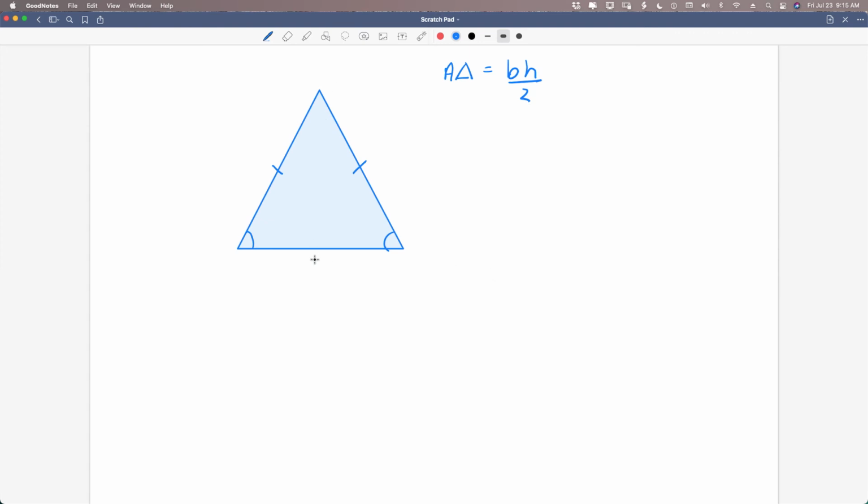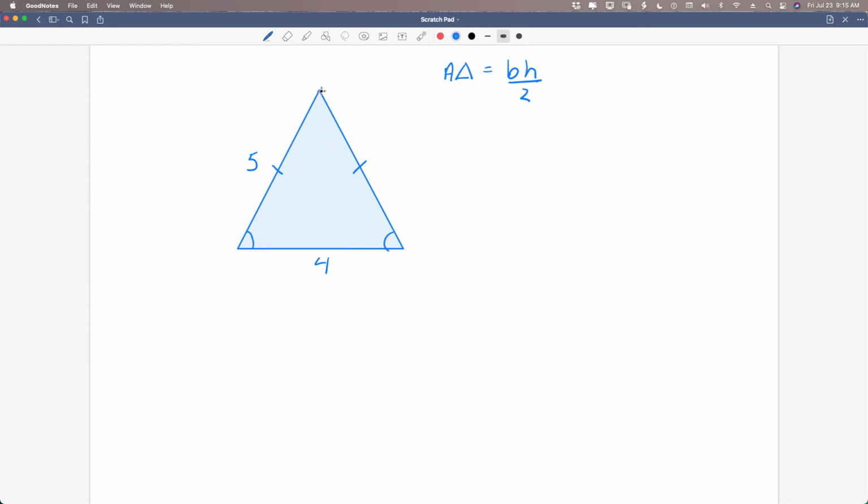Well, what if we're not given the height of an isosceles triangle? Let's say this is 5 and this is 4. We know that this would be 5 also, but we don't have a height. So how can we find the height of our triangle in order to find the area?